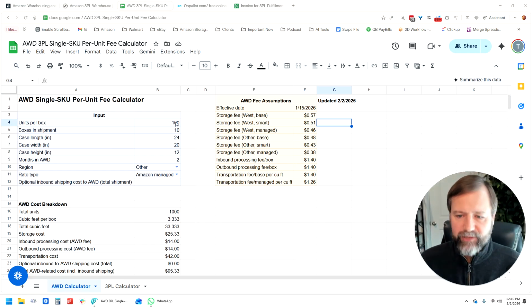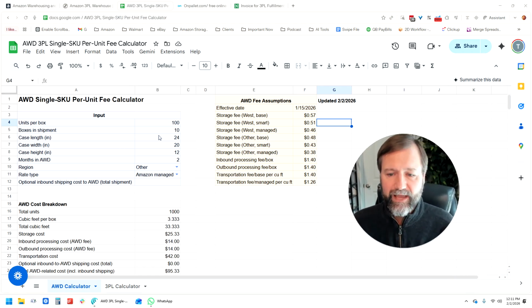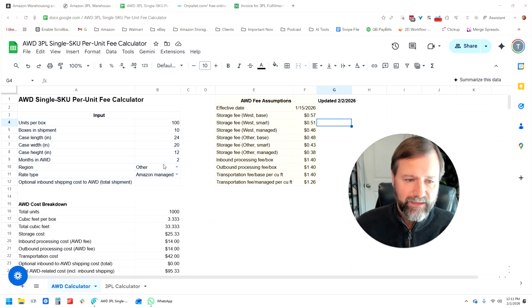So AWD is very transparent, which is nice compared to most 3PLs, right? You don't have to do a lot of guesswork as to how much it's going to cost per unit. Just a little bit of calculation, we'll be able to figure that out.